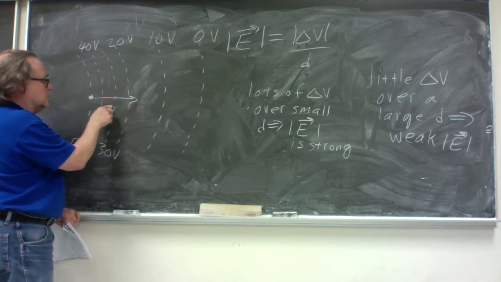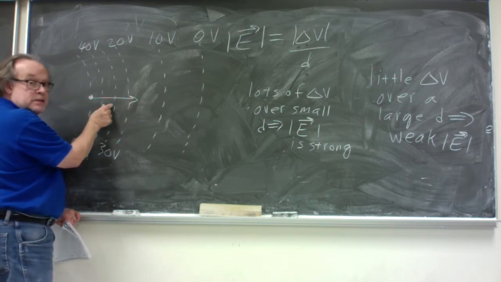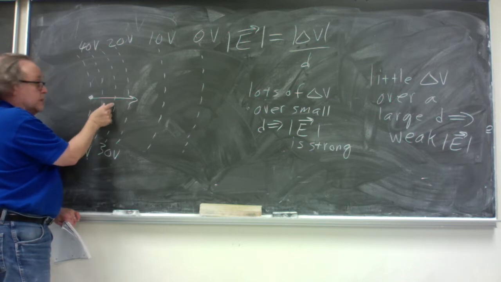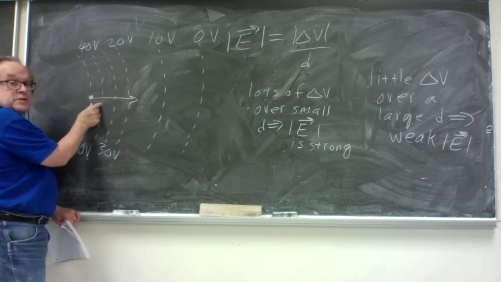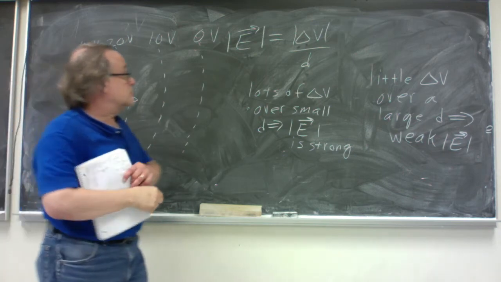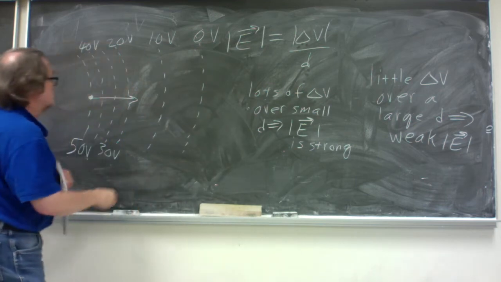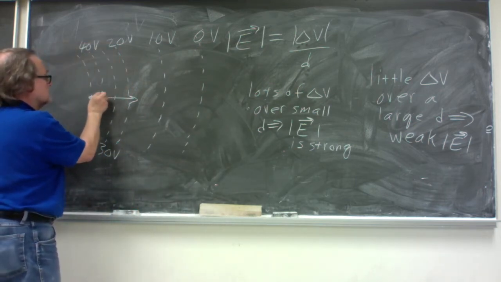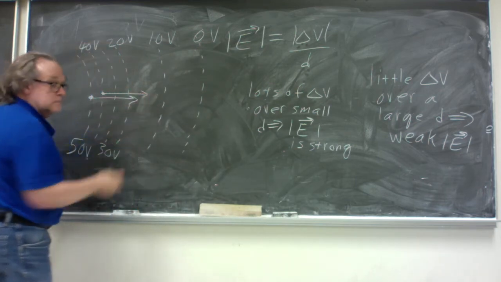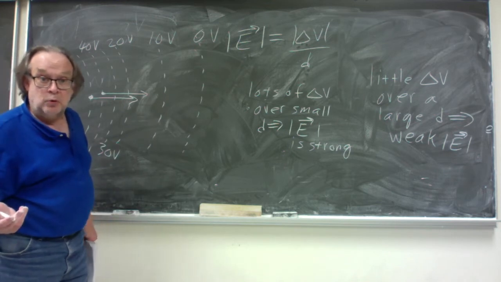And then the spacing around here is the same as it is here. So here you go the same distance to get a 10 volt change. Here you go the same distance to get a 10 volt change. So 10 volts over the same distance, the field is the same at both those points.